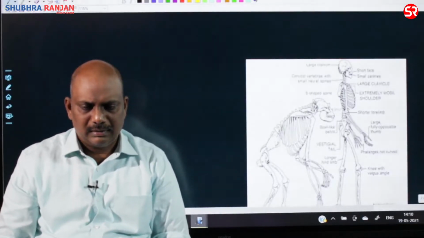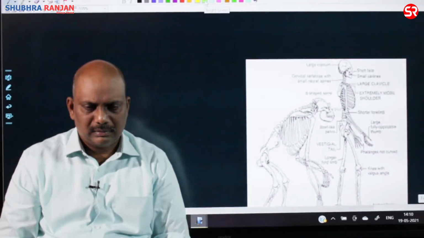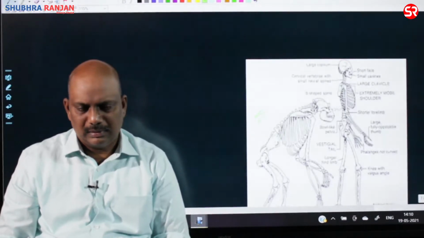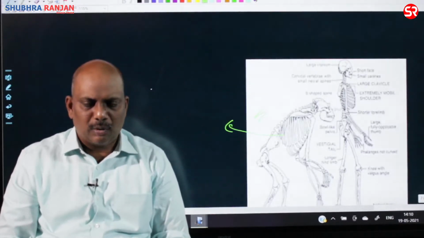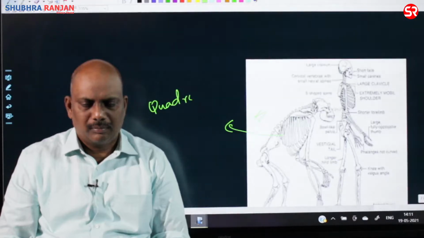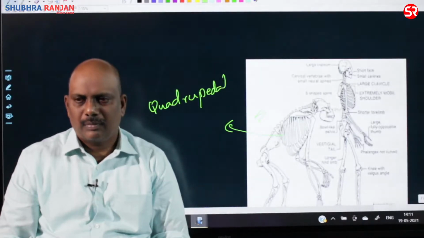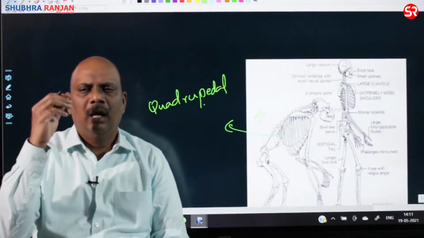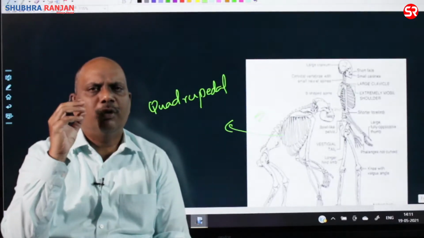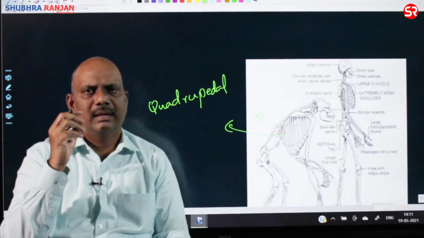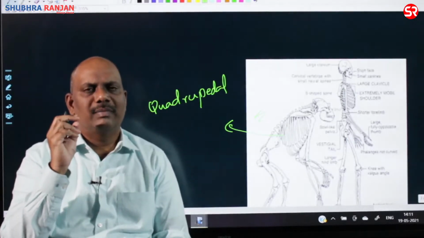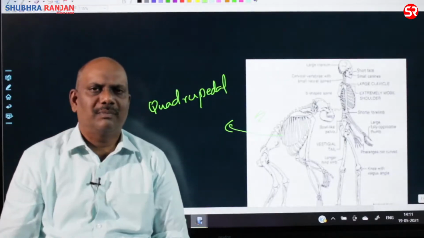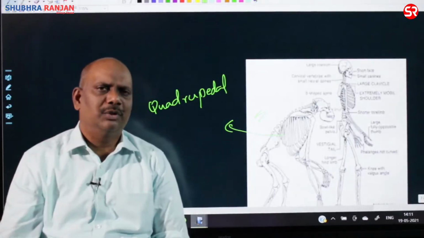This has quadrupedal locomotion. Quadrupedal means using all four limbs for locomotion. Our dog is quadrupedal, donkey is quadrupedal, buffalo, cow, all these are quadrupedal, using all four limbs for locomotion.